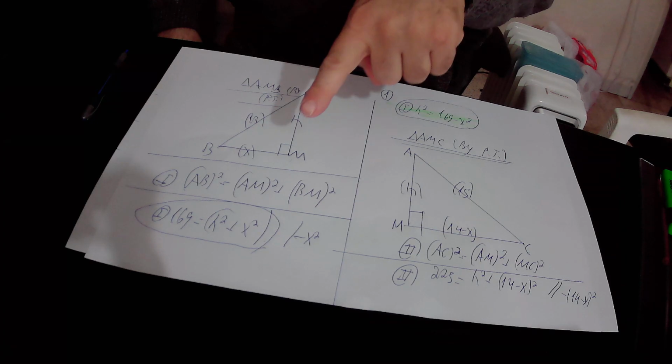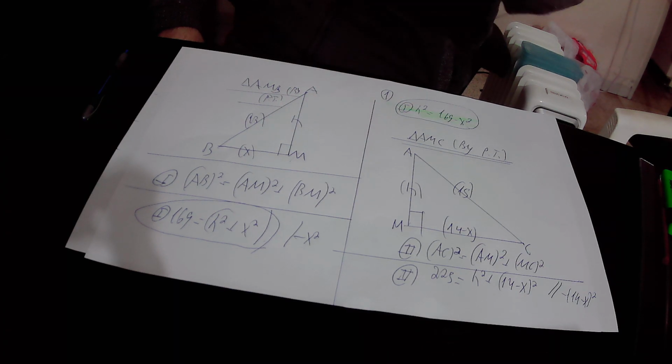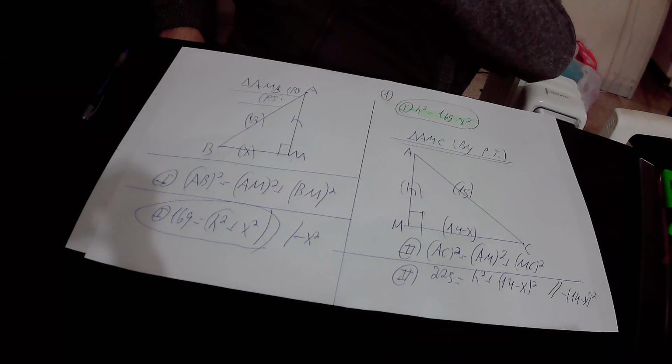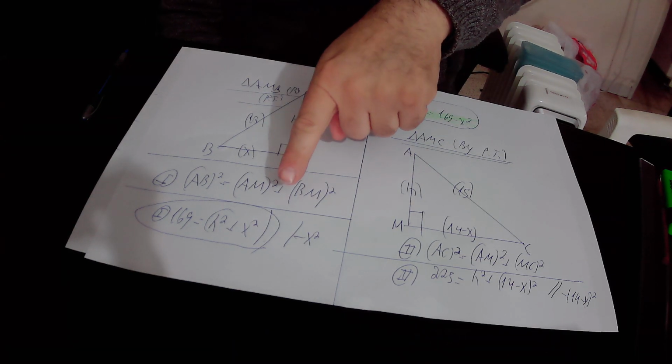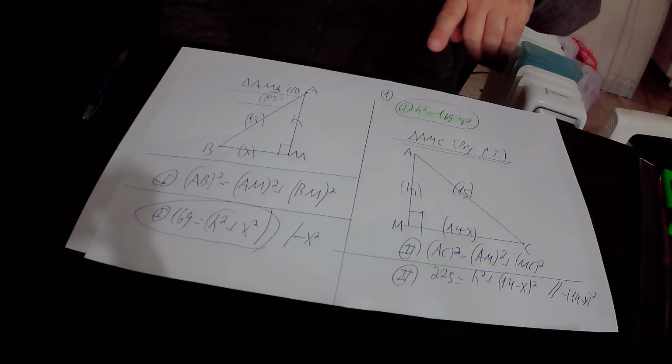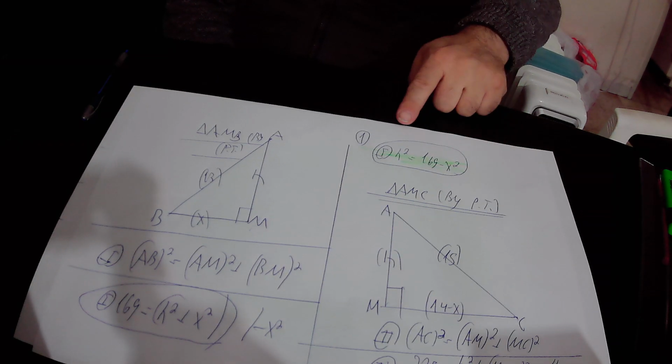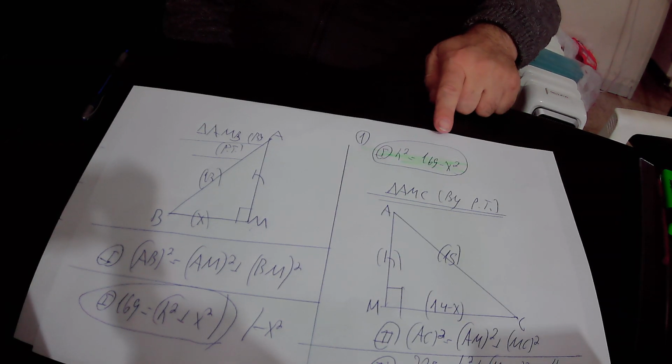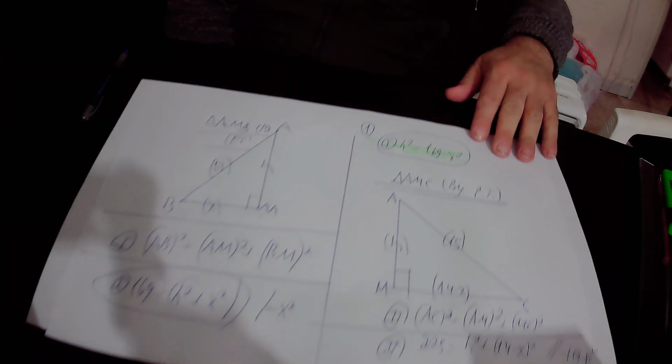BM is X, therefore BM squared is X squared. So in total, we found that according to equation number 1, 169 equals 8 squared plus X squared. Here we subtracted X squared from this equation number 1. And finally, we found that according to equation number 1, 8 squared equals 169 minus X squared.